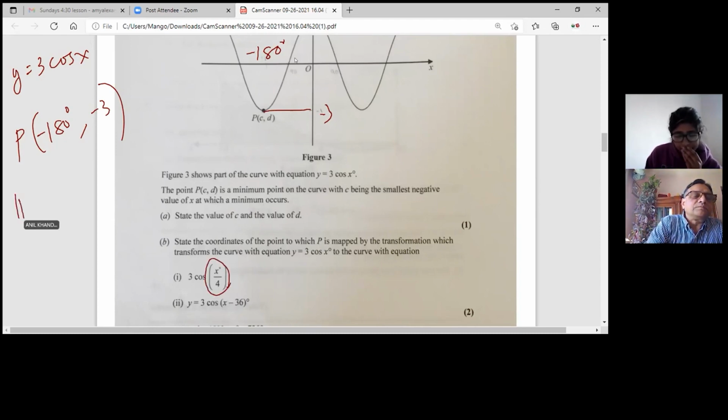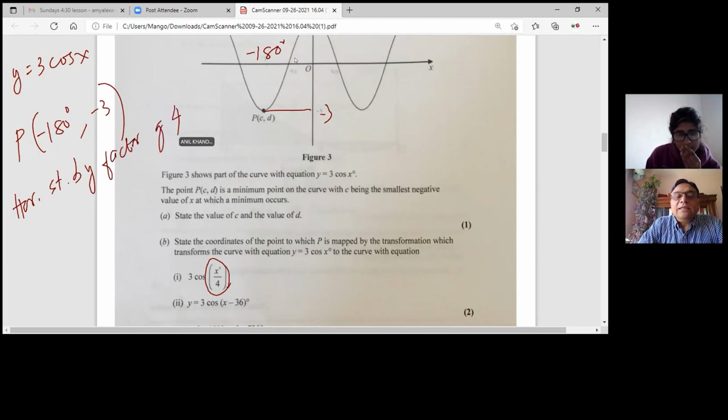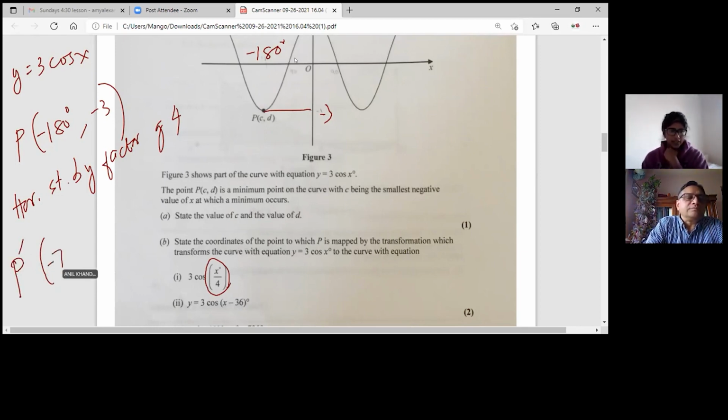So only the x value is going to change. Minus 180 is going to be multiplied by 4, so you get P dash: minus 720, minus 3. So that is for part i.